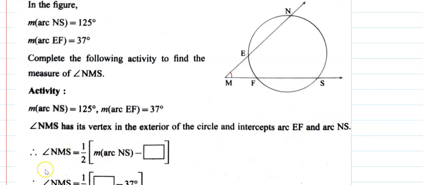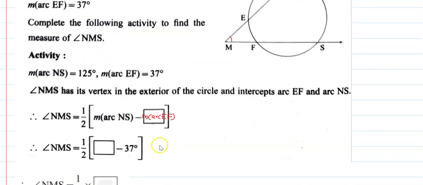Therefore, the measure of angle NMS is equal to 1/2 measure of arc NS minus measure of arc EF. Then we will substitute the value.